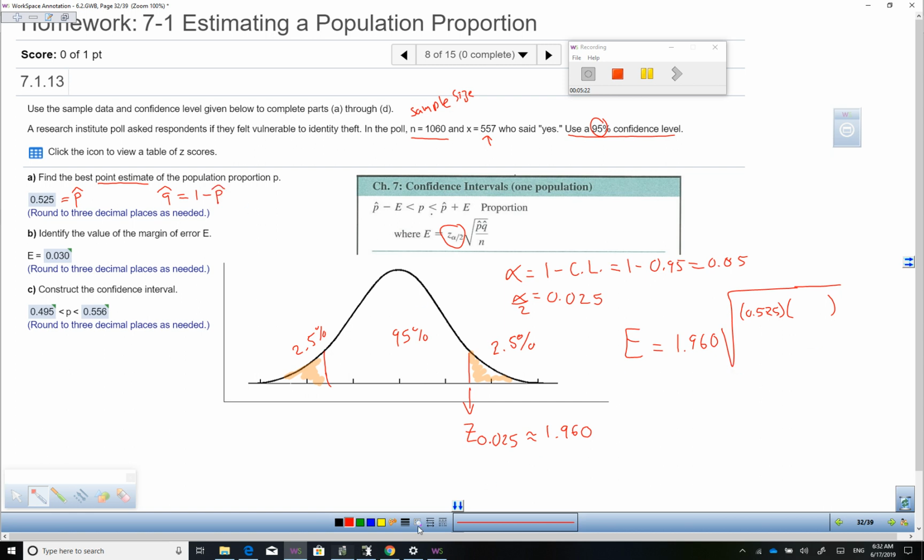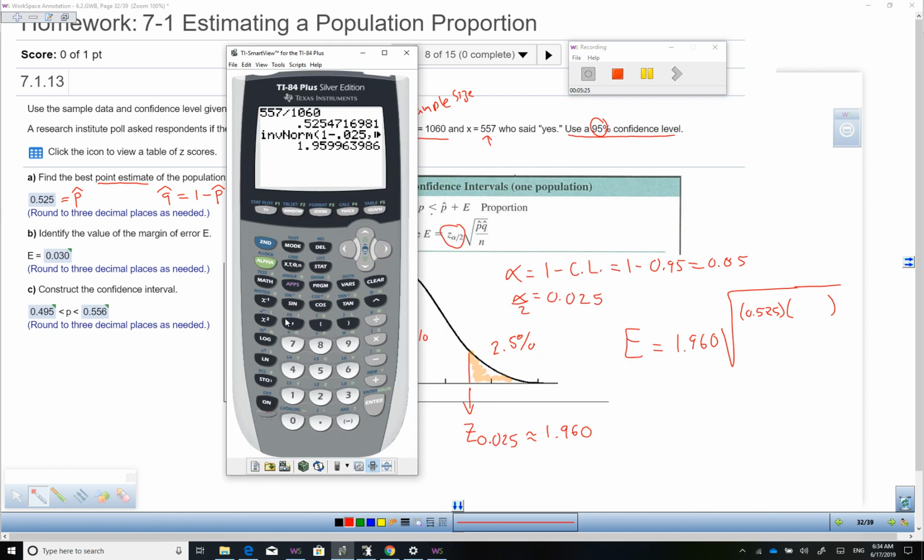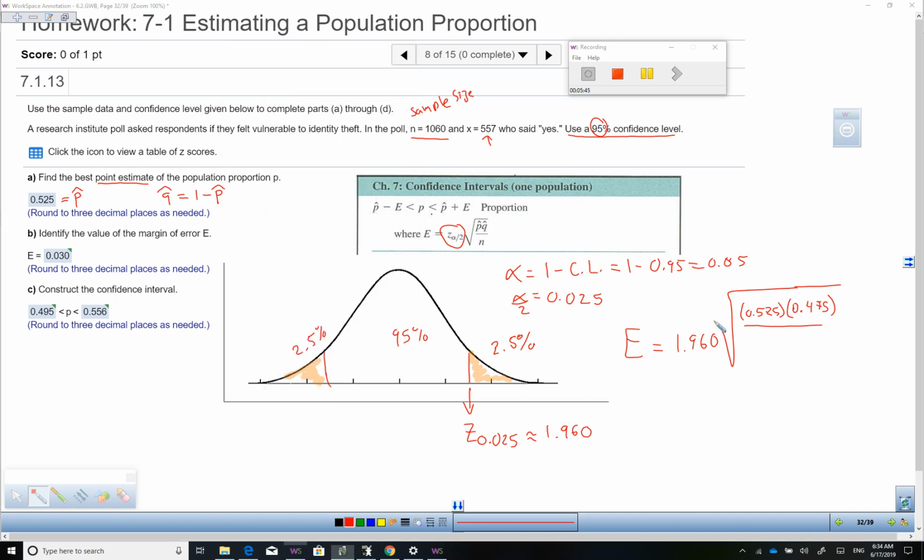So this value we obtain by doing 1 minus 0.525, which is 0.475. All this divided by the sample size, which is n. N is 1060.